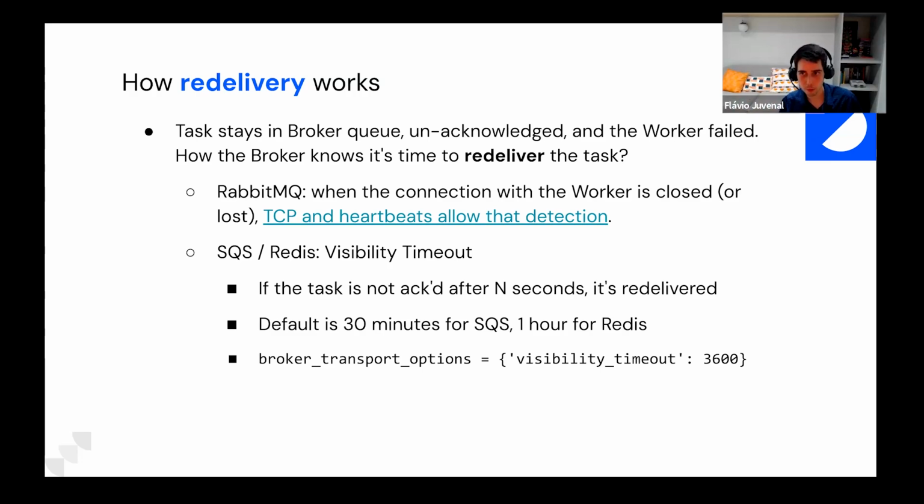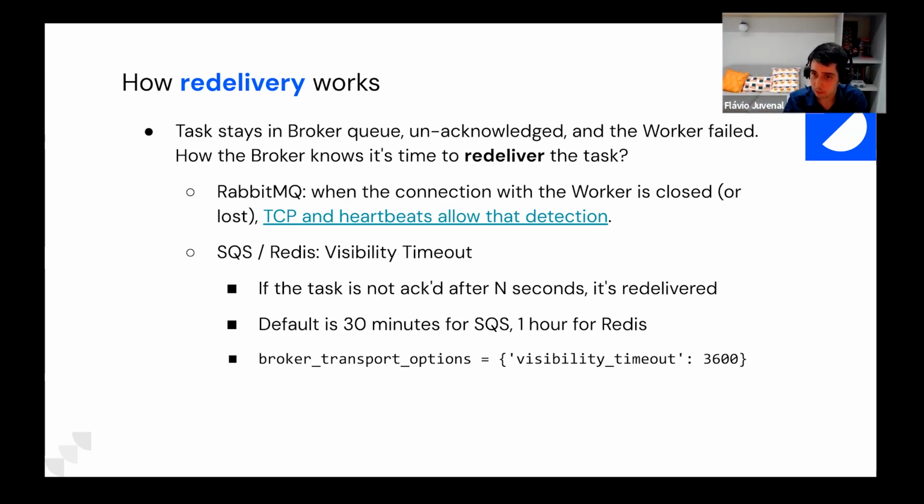So more careful people might already figure out that you now cannot have any task that takes longer than 1 hour in Redis. Because if your task takes longer than 1 hour, it will be redelivered, since the worker never acknowledged that task because acks_late is true. That's a huge problem that many people don't know about. And it's really sad because this only bites you after your project grows really large, and you start having long and complex tasks.